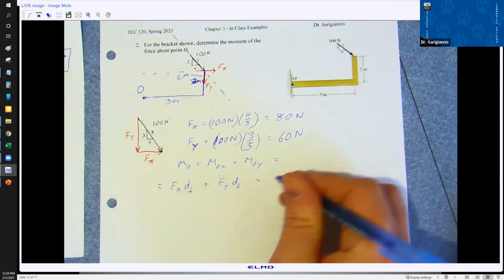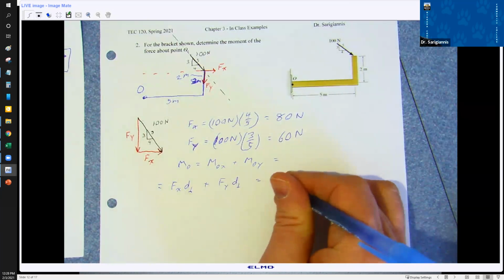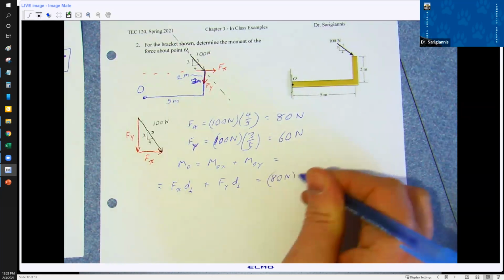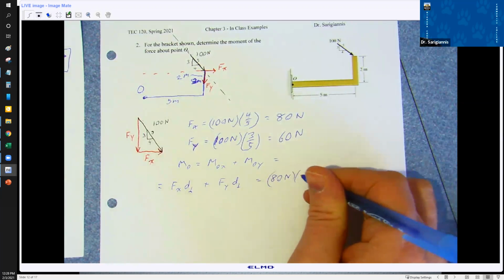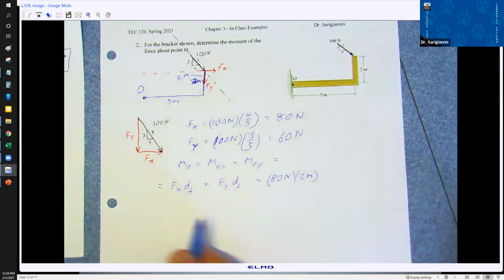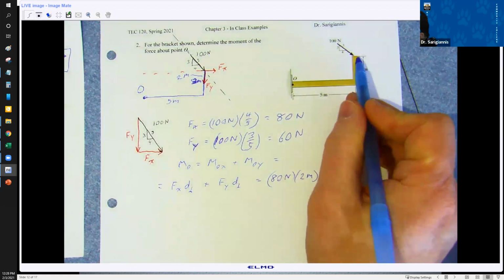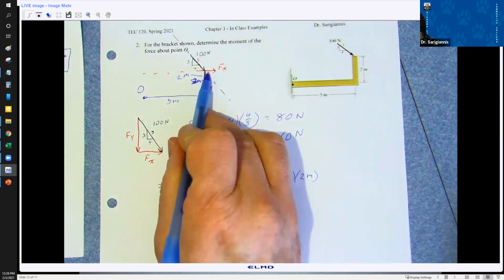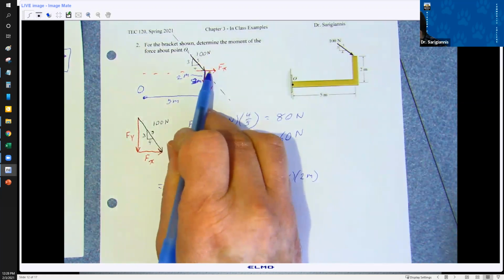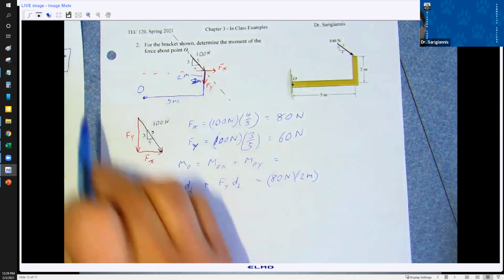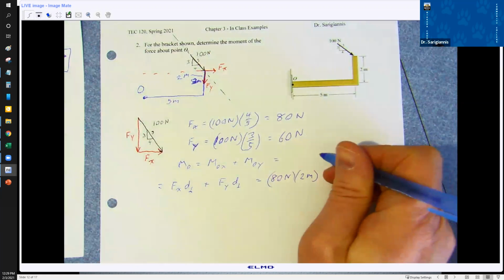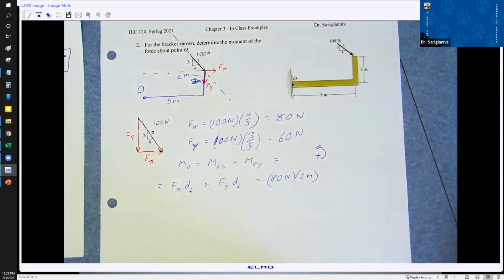So here we have the x component of force, which is 80 newtons, times 2 meters. And what's the sign? Well, the x component of force is generating a clockwise rotation. And remember, our sign convention is this: positive is counterclockwise.